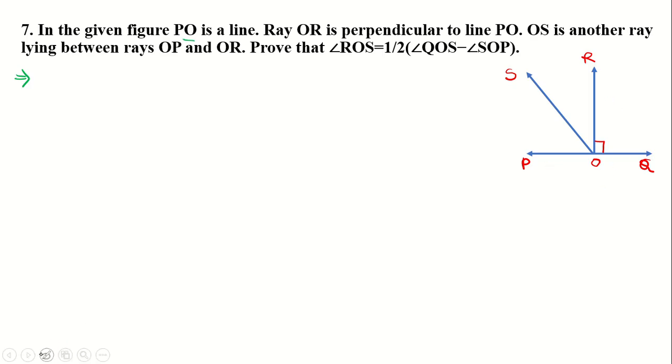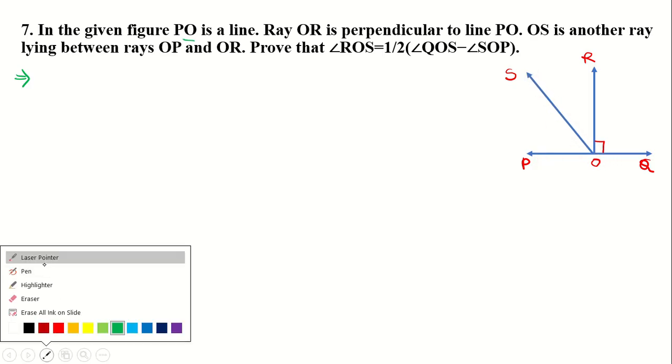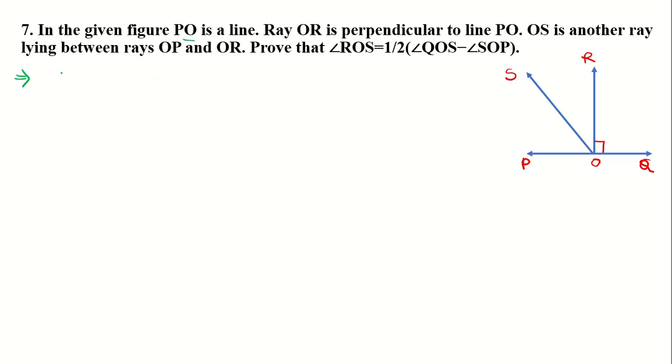In this figure, as you can see here, POQ is a straight line, and this is a ray OR, and it is perpendicular to this line, and we have another ray that is OS. Okay, so first write down POQ is a straight line. It is given that POQ is a straight line.